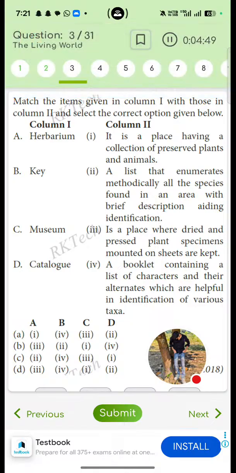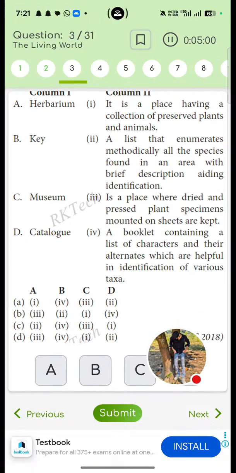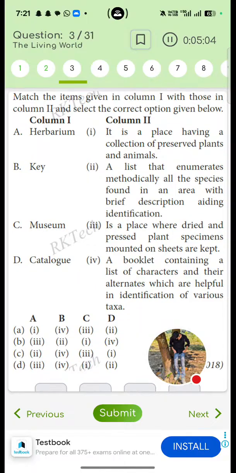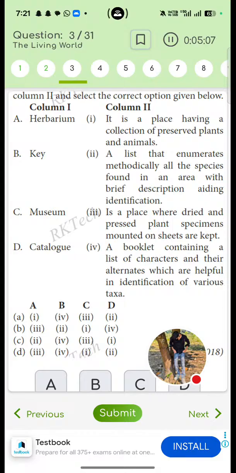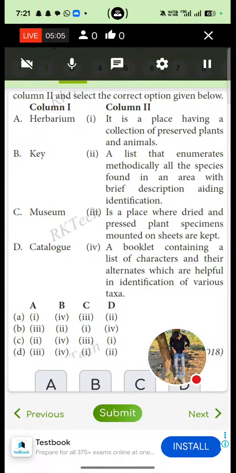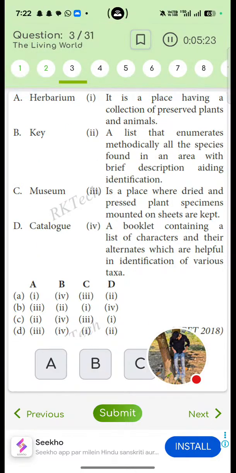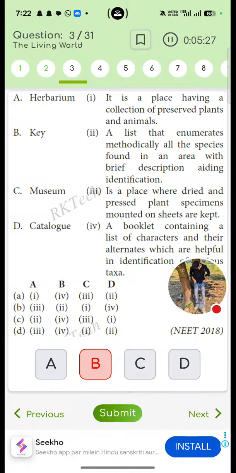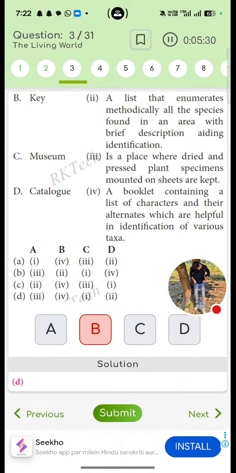According to me, C. Museum is a place having a collection of preserved plants and animals. Herbarium, according to me, option B is correct. No, the solution answer is option D.